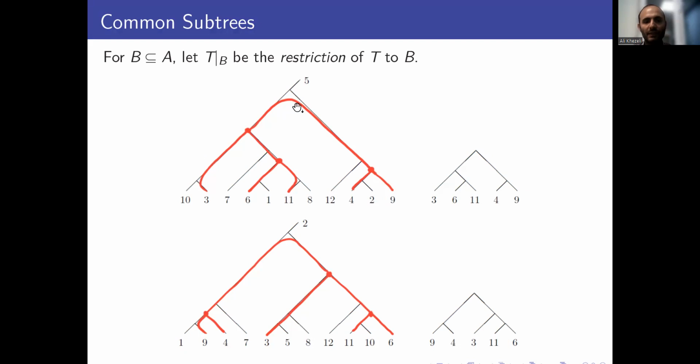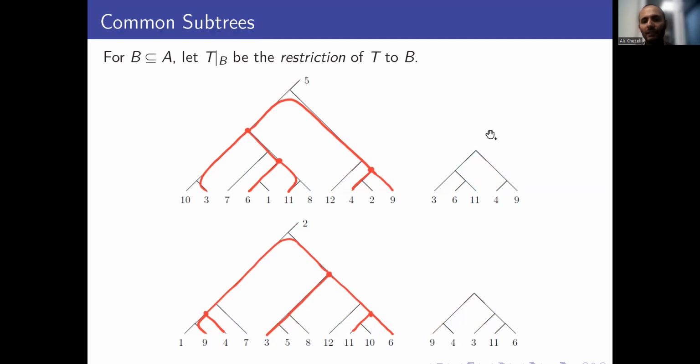We see a red graph, which looks like this. And if we delete the intermediate vertices, like the one here, which is a vertex of degree 2 in the red graph, we can look at the result as a binary tree as well.